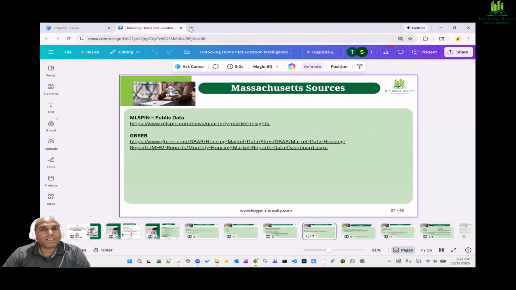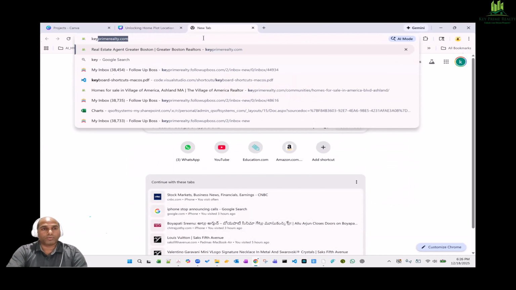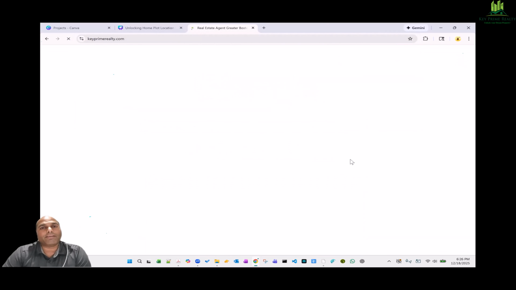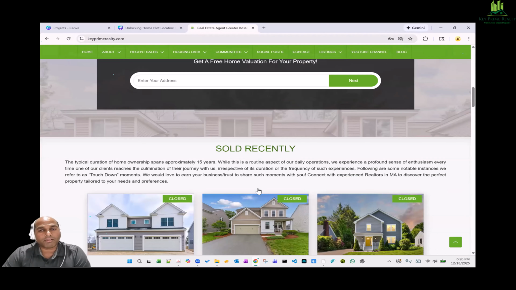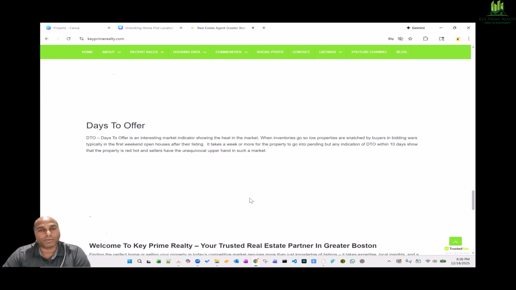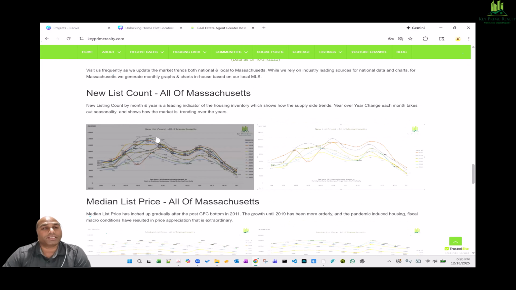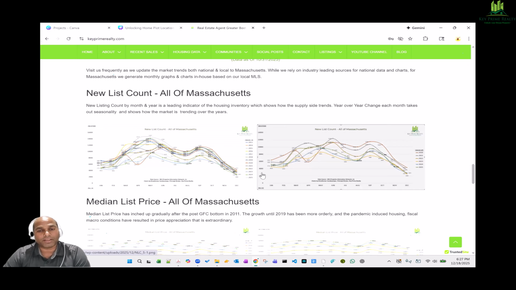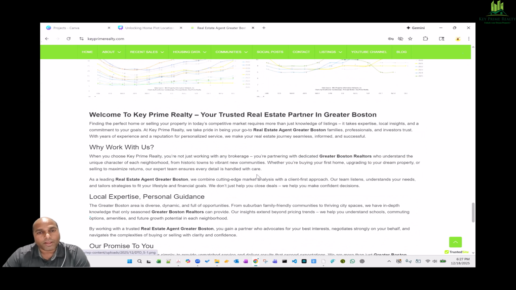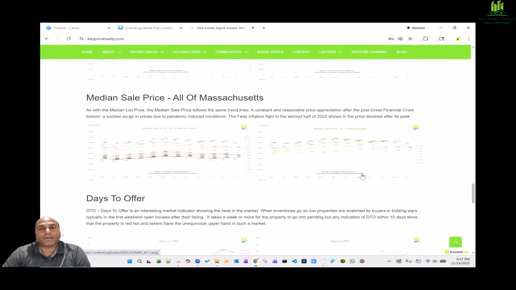And then in addition to these, we actually download the data from the multiple listing service on our website. Every month we put up the charts for our clients' consumption. So this is homegrown. We make our own charts based on the MLS data by downloading it. But this is just one of the sources.